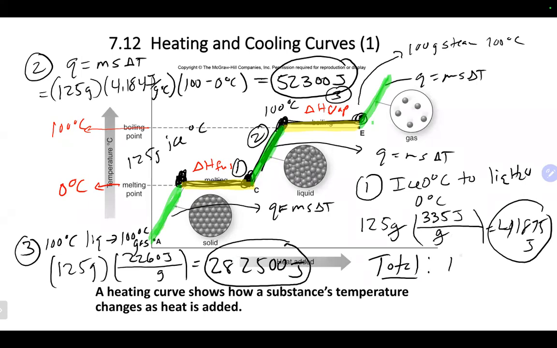So we would add step 1 to step 2 to step 3, all the energy values, and if we did that, we would end up with roughly 376,675 joules, or approximately, we'll round it a little bit to 377 kilojoules of energy is needed to do that entire process, to go from 0 degrees ice to 100 degrees steam, basically.